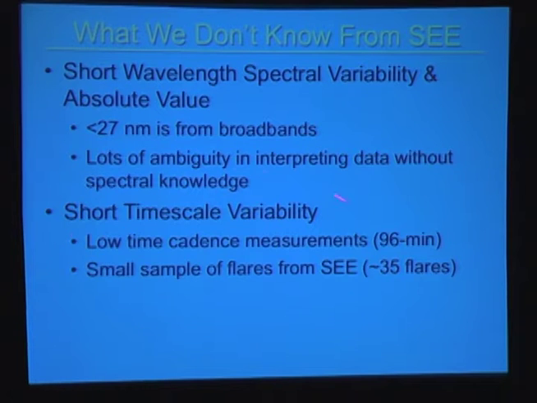We also, because of C's low time cadence of 96 minute measurements, only caught a few flares, maybe 3 or 4 dozen flares so far, and only caught them every 96 minutes. So we biased towards long-term flares as opposed to short-term flares. So we didn't have a very good understanding of how the sun varied with short time scales.